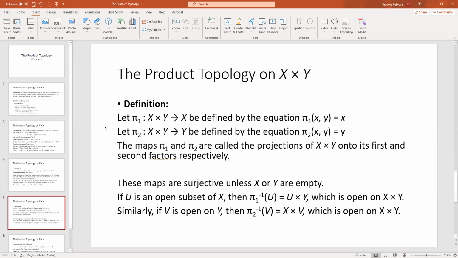And so the next definition which we have is a definition for the projections of X cross Y to X and Y respectively. I see there's someone writing something in the chat. Example 4 is the same as the product topology? I don't, let me see.